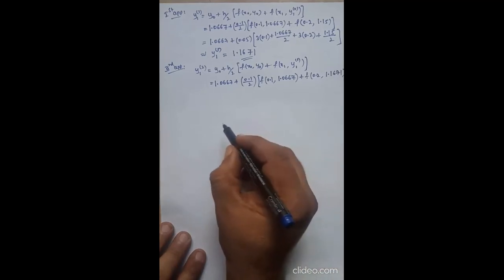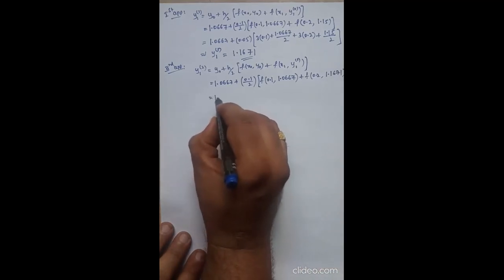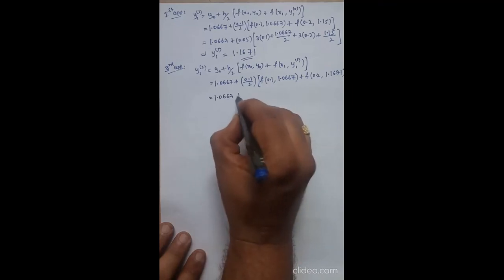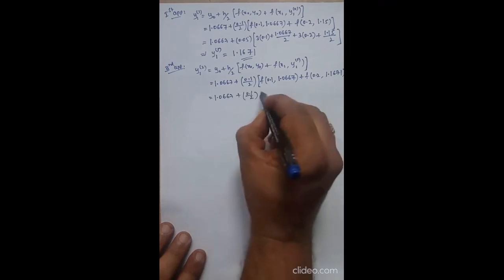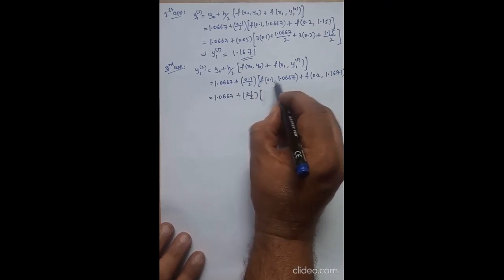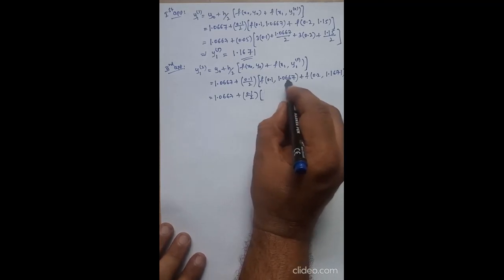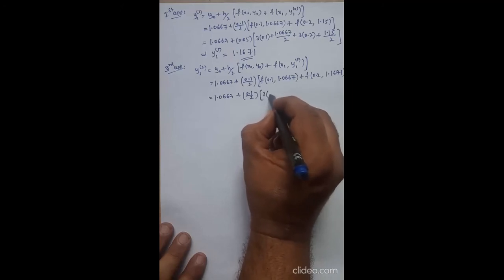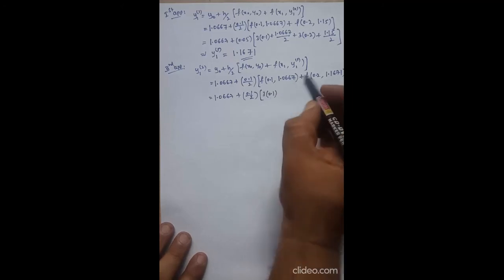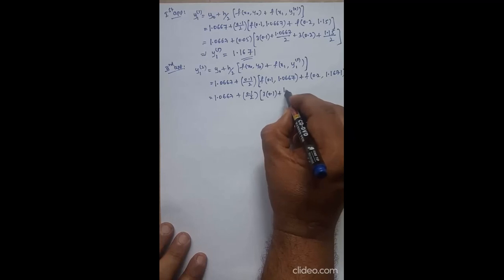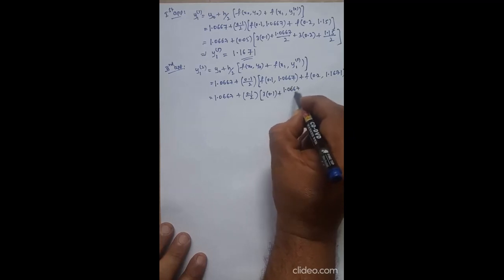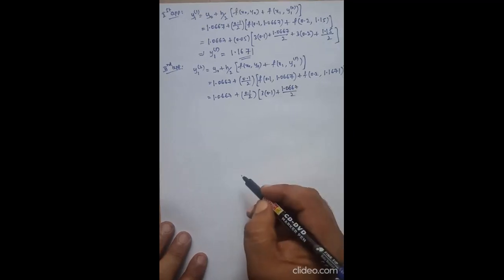1.1671. Now calculate 1.0667 plus 0.1 by 2 into this is f of x comma y again. So f of x comma y is 3x plus y by 2. So it is 3 into x is 0.1 plus y by 2. What is y by 2? 1.0667 by 2.